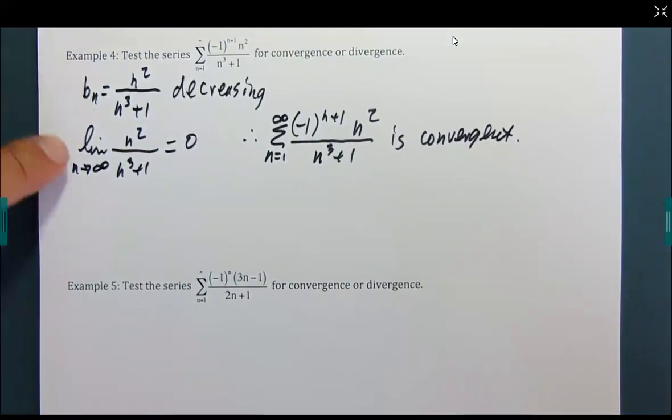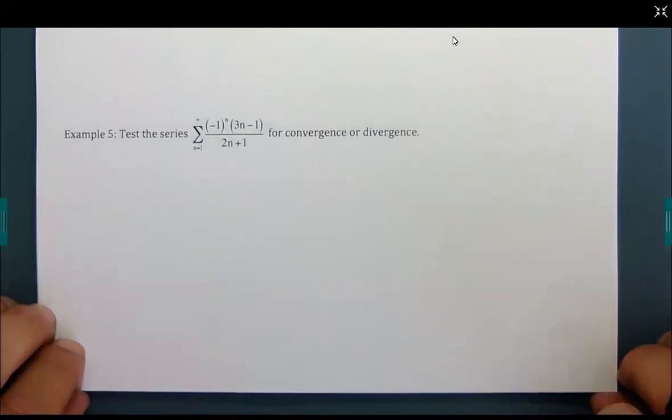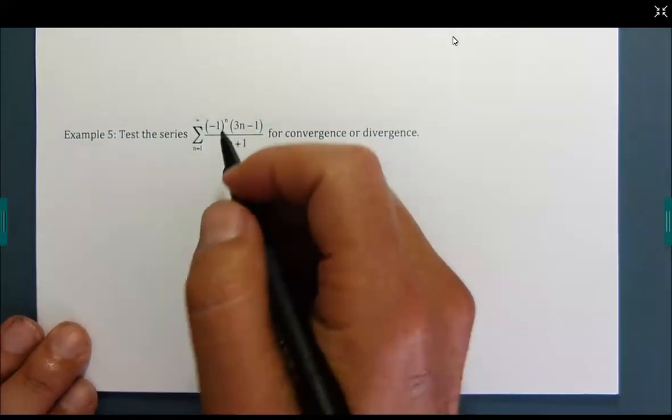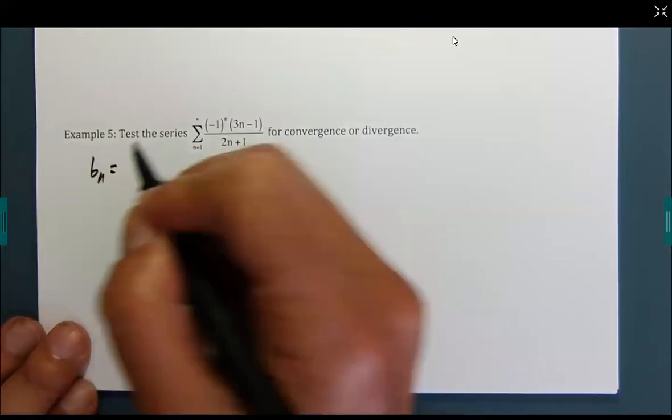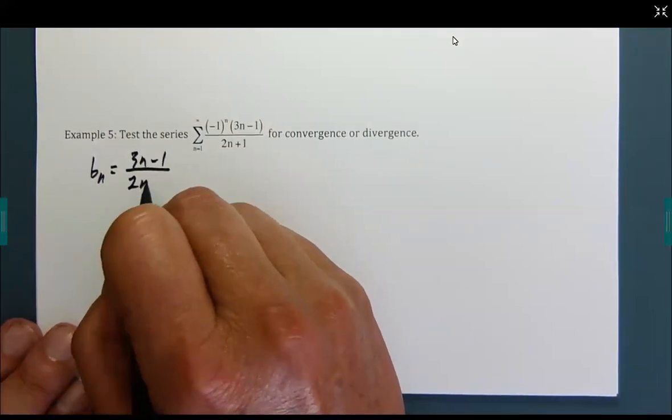It met both axioms there. Right, next up, we have this. It looks like our b sub n is 3n minus 1 over 2n plus 1.